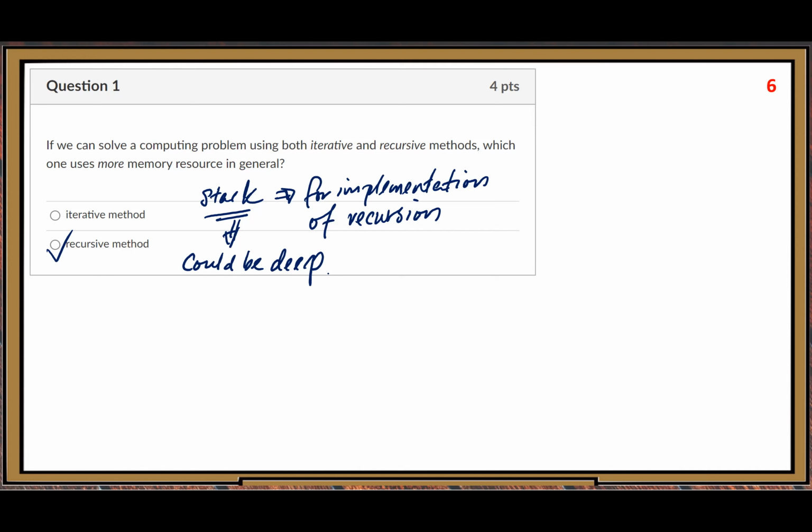So we still like the power of the recursion, but sometimes we want to save some memory resource. So that is the basic consideration between these two methods.